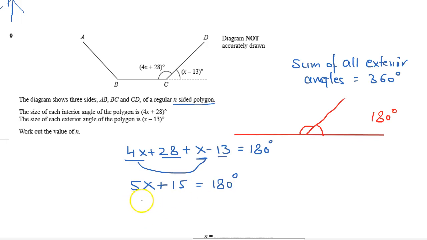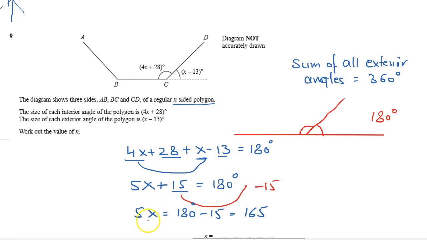We take 15 this side, we change the side, so it will be minus 15. So the 5x will be 180 minus 15 is equal to 165.